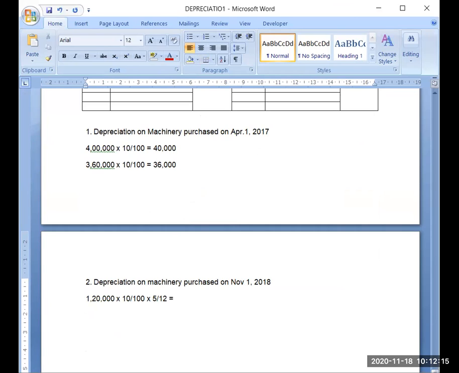Now we will solve it. It will become 10, 1/10 and 12,000. So 12,000 multiplied by 5/12, and that's why it will become 5,000.